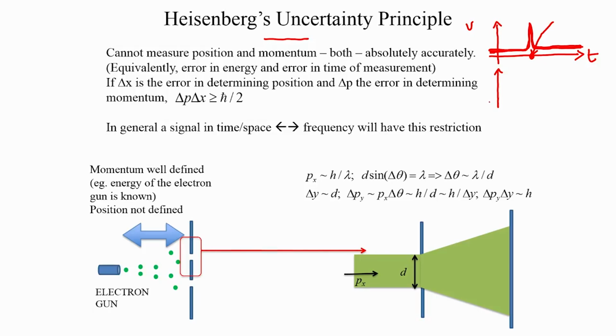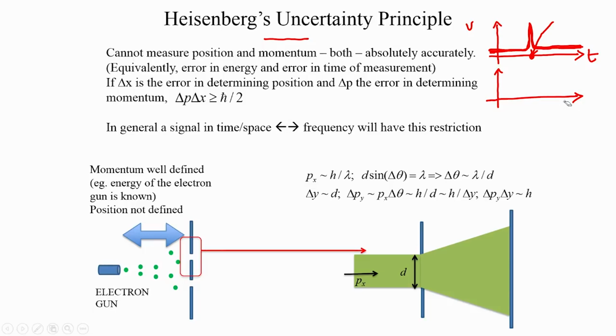The only way one can determine the wavelength or the frequency of the signal is by taking a Fourier transform, and we find that the Fourier transform is a wideband signal. It has frequencies from minus infinity to infinity. And therefore, the frequency and hence the wavelength of the signal is not very clear, because the signal is a wideband signal.